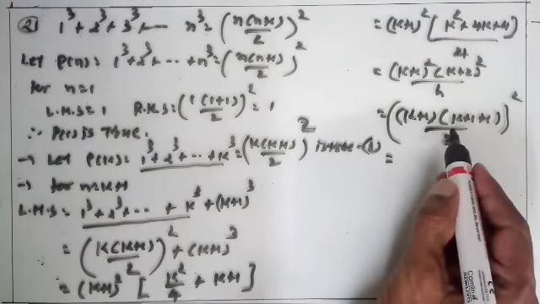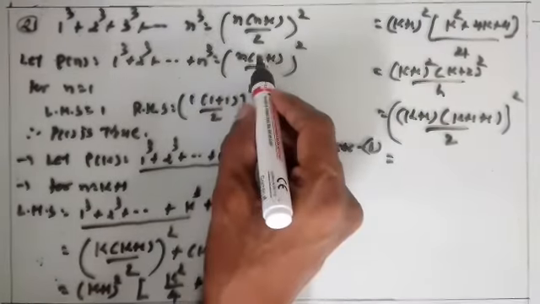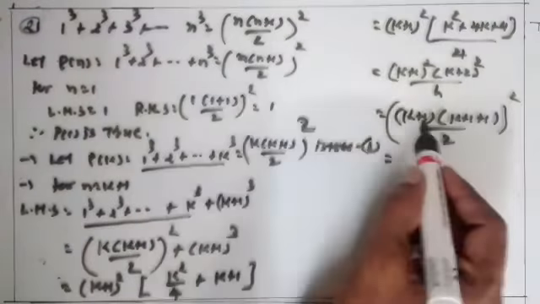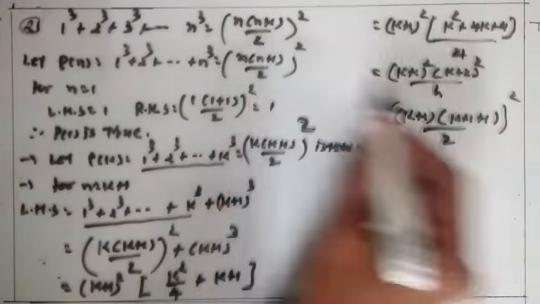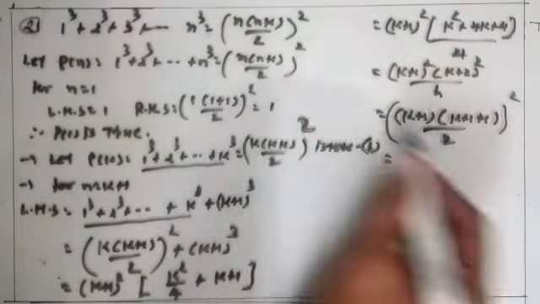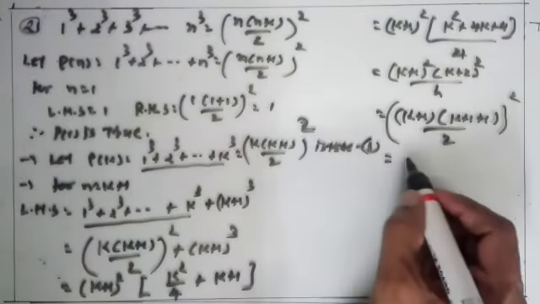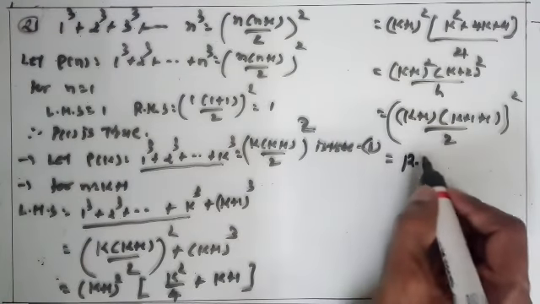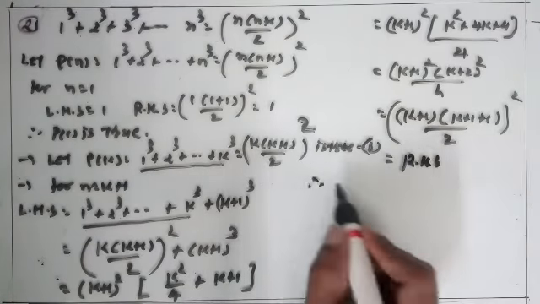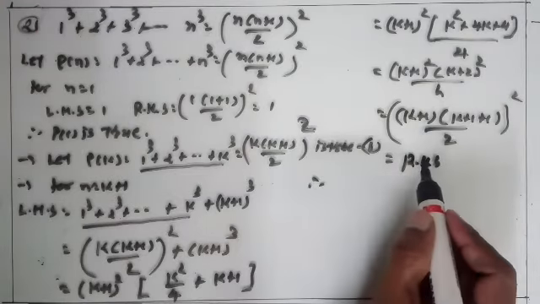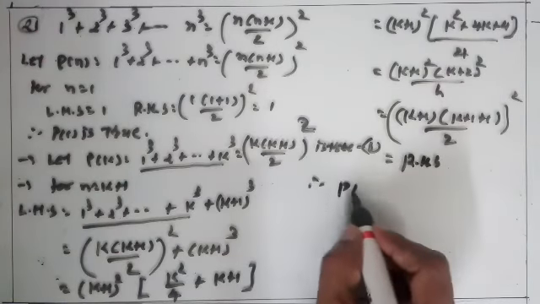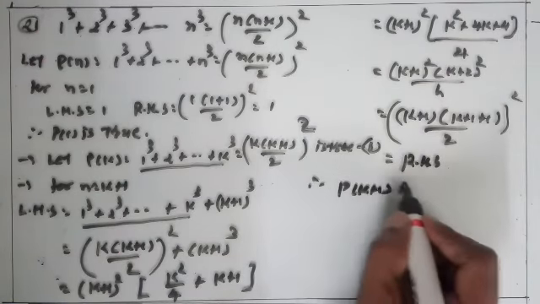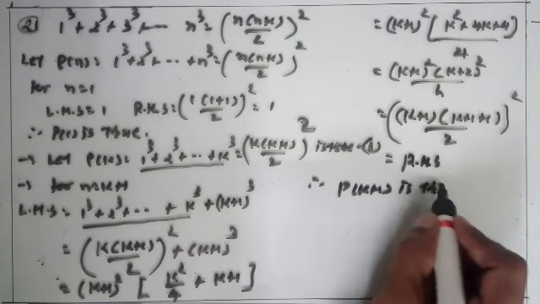So this is true for n is equal to k plus 1. Here it is k plus 1 into k plus 2 upon 2 raised to 2. Clear? So this is the right hand side. Therefore left hand side is equal to right hand side. So we say that Pk plus 1 is true. Clear?